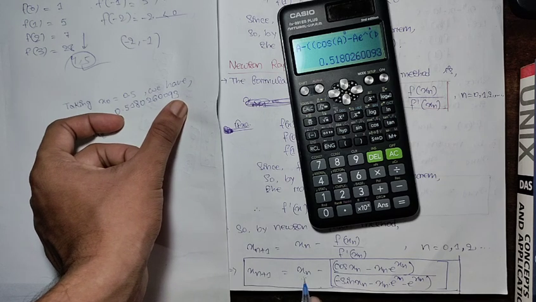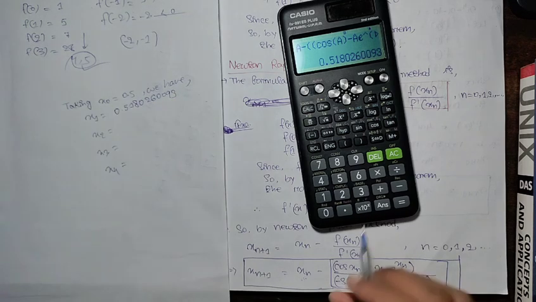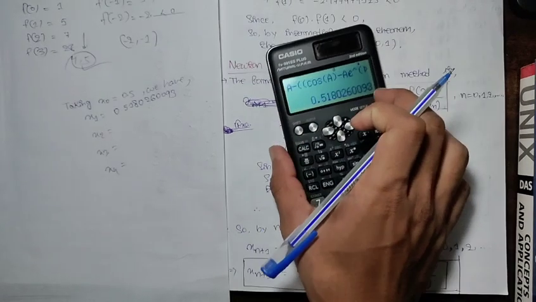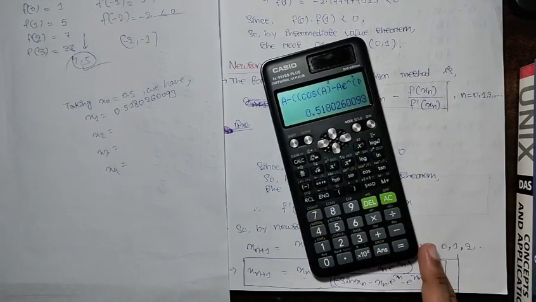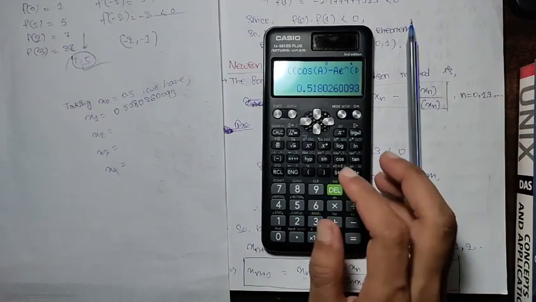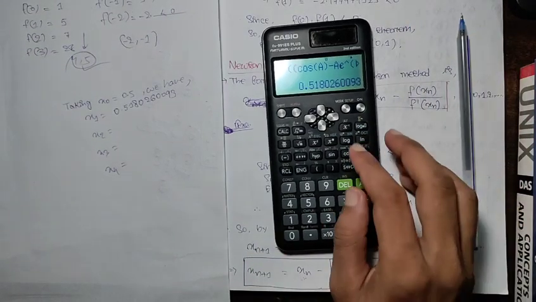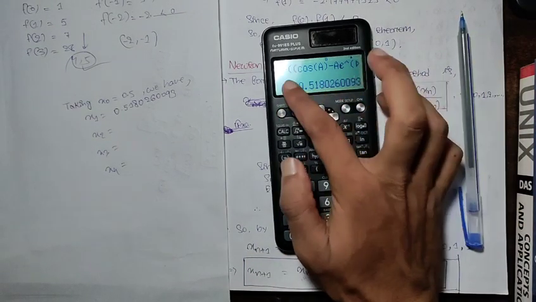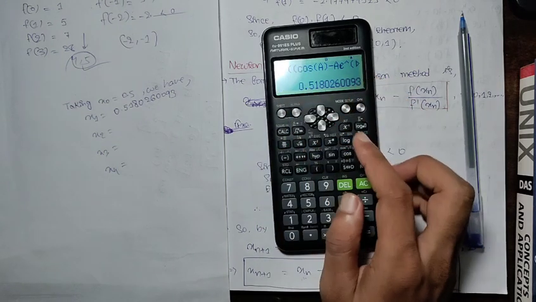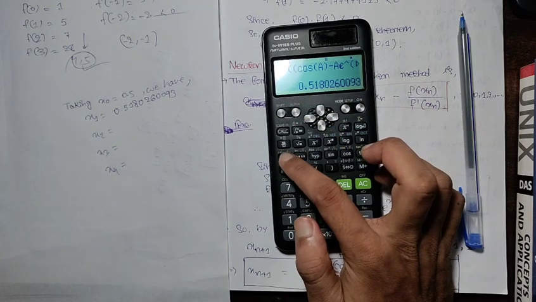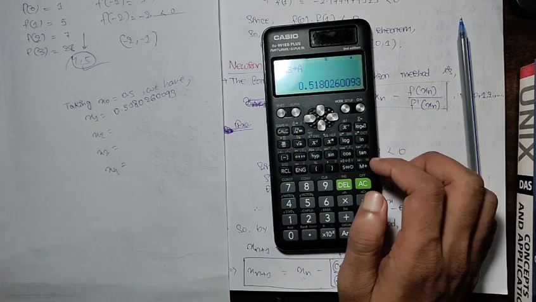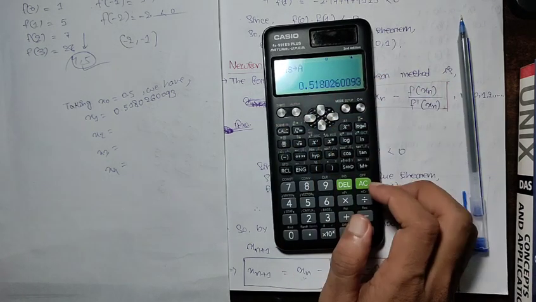A. Got it? For a lengthy process you can put this entire number in place of a, but for an easy method I'll tell you how to do it: simply store this value in a. For this, press Shift, store, a, so the answer will be in a.